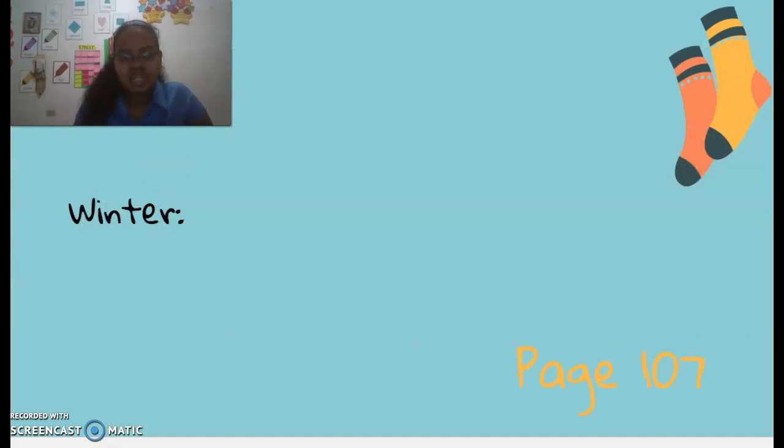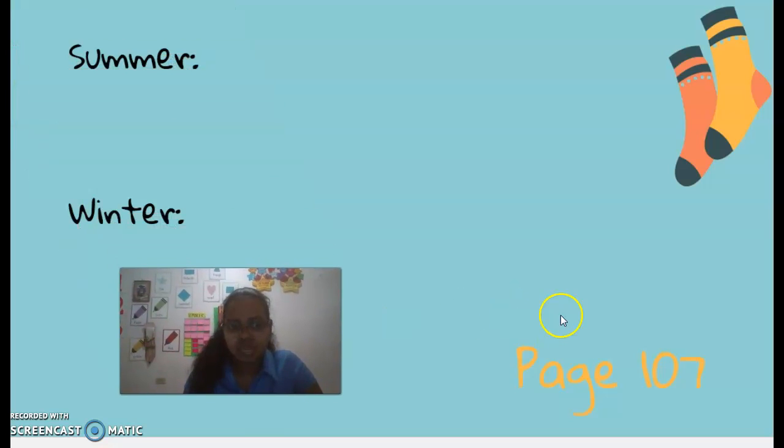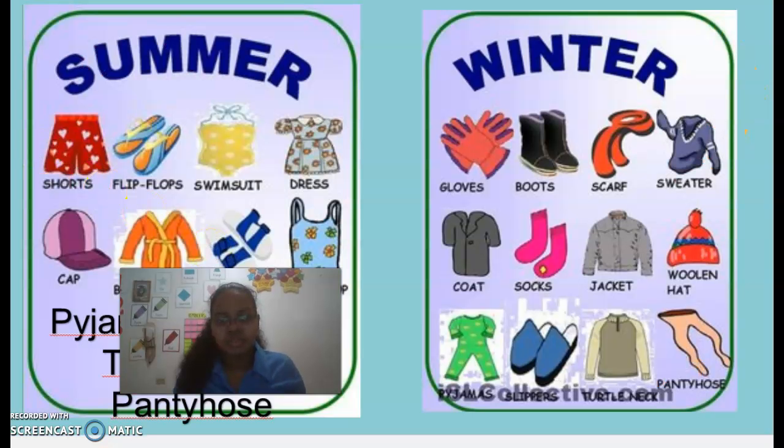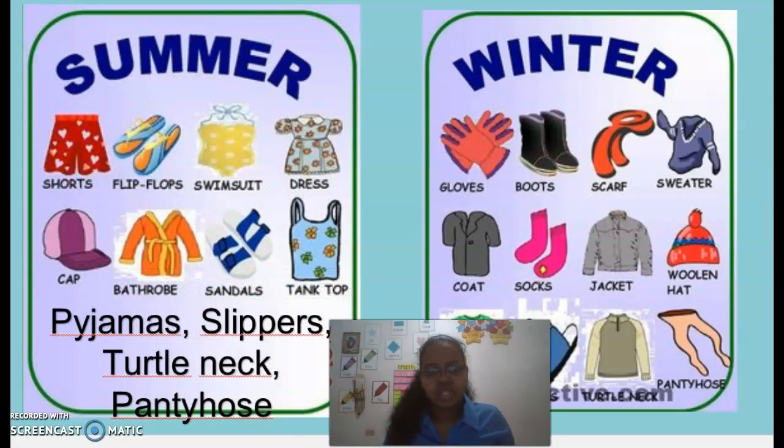The last activity from the same page has two different lines, and what you are going to do there is write the names of the clothes that we use during summer and the clothes that we use during winter. So I'm going to help you. Here I have this picture.